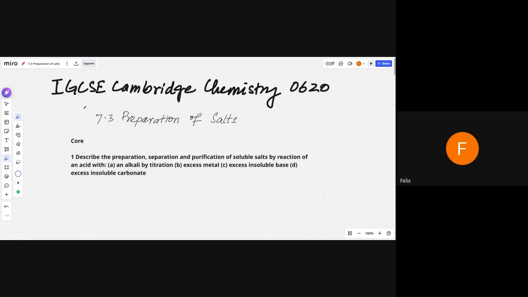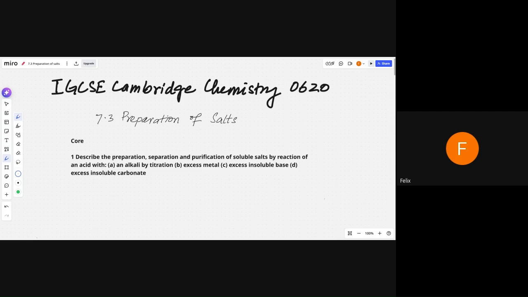Okay, so now in this lesson, 7.3, we are covering preparation of salts. This topic is one of those topics where students make the most mistakes, and they struggle to understand it. Whenever I have one-on-one lessons and we reach this topic, students really want to emphasize it and learn it.